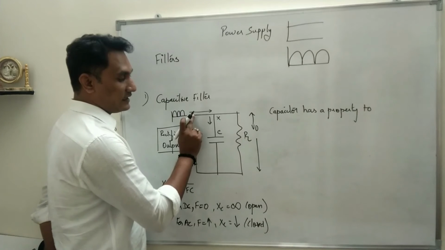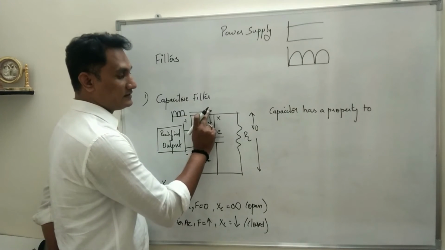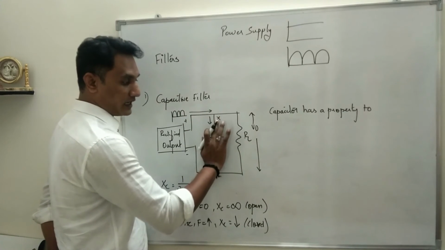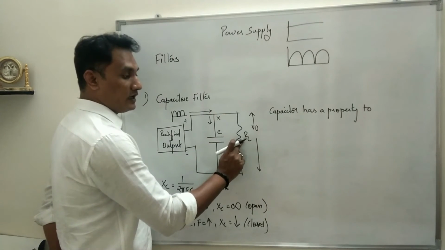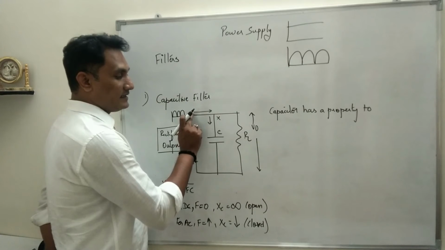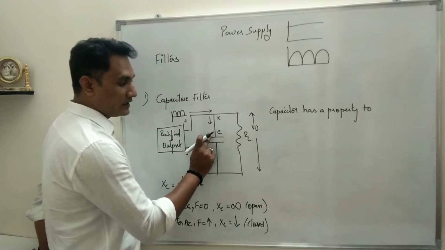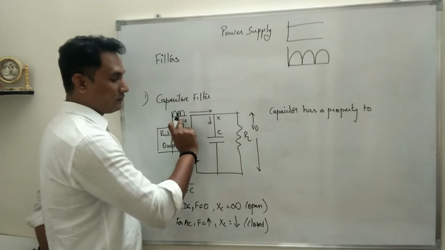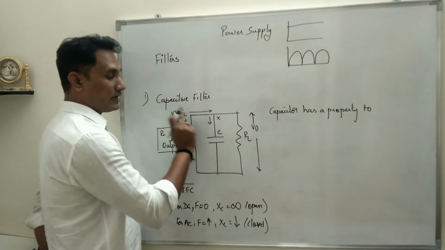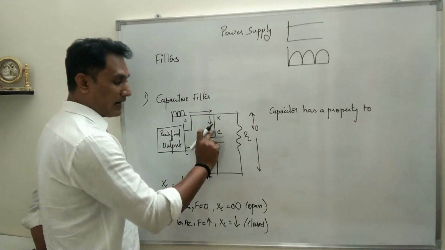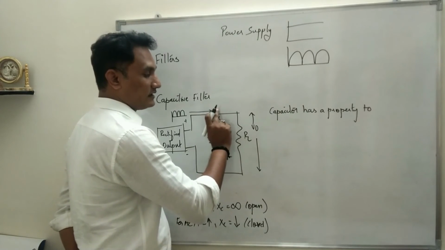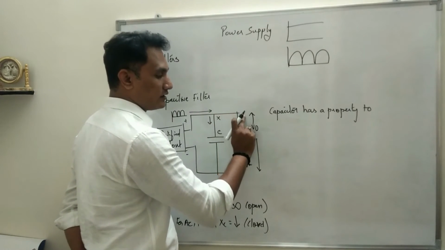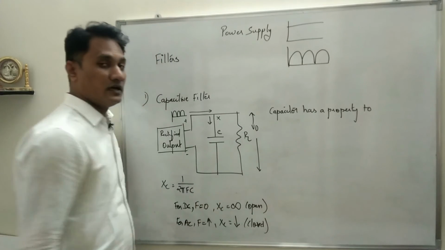That means when the signal comes, which is a mix of AC and DC, DC will be blocked. DC will not be allowed to pass through the capacitor. So the only path for DC is through the load resistance, and AC is passed through the capacitor. All the AC component which is mixed in the DC component at the output of the rectifier will be bypassed through the capacitor, while the DC signal, almost a pure DC signal, will be obtained across the load resistance.